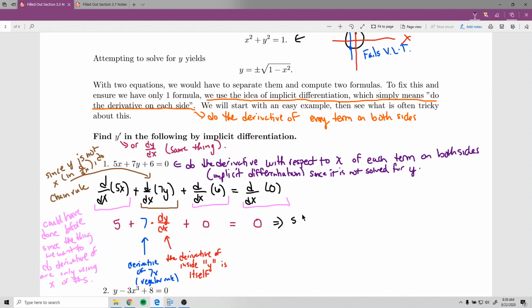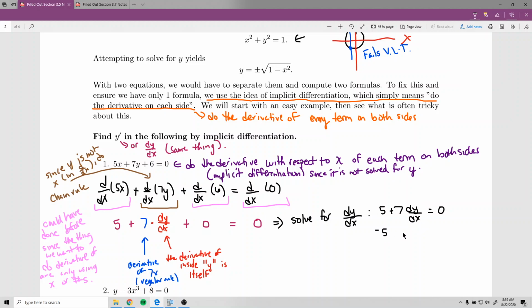But now what you do, we solve for dy over dx. And I'm going to rewrite the equation that we have. So we have 5 plus 7 times dy over dx equals 0. Divide by, or sorry, not divide, subtract 5. This is really just kind of like an x or a y or whatever. It's representing something.